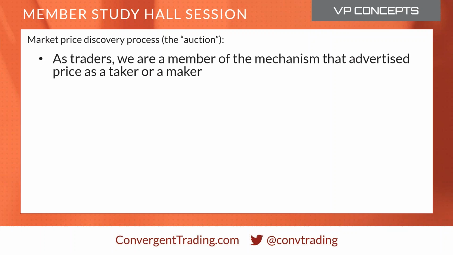So we're a taker, or we are facilitating the auction in the other direction, which is we're a maker. In other words, we're making markets, providing liquidity and helping facilitate that price discovery process.